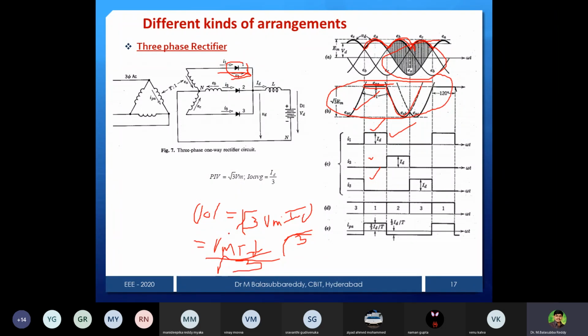So this is the valve rating of a 3-phase rectifier, and that's what I mentioned here.